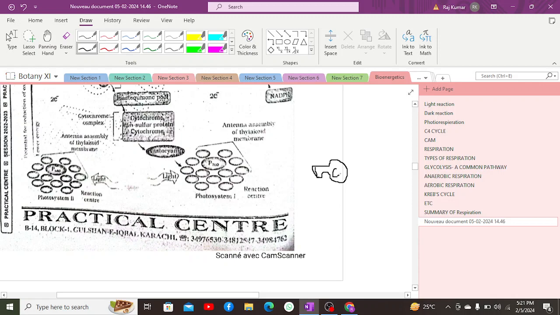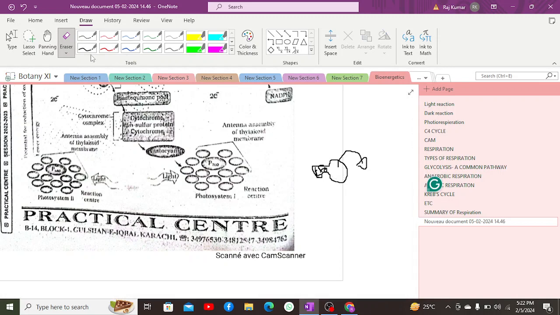These are CF naught and CF1. The CF naught particle basically contains an enzyme known as ATP synthetase enzyme, and it is a transmembrane protein present over here.